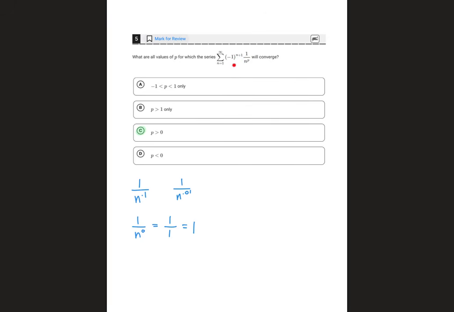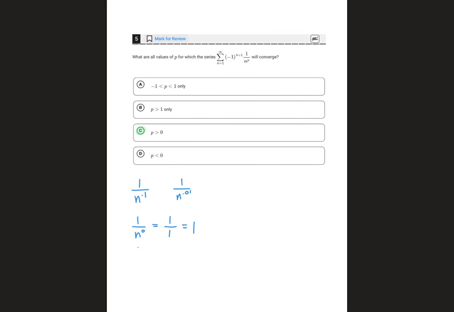And this bounces back between 1 and -1, so this will diverge, right? Because you're just adding 1, adding -1, adding 1, adding -1. So it won't approach anything. It'll just bounce back and forth between 0 and 1, I guess. Yeah, positive 1. Okay, so p can't be 0.